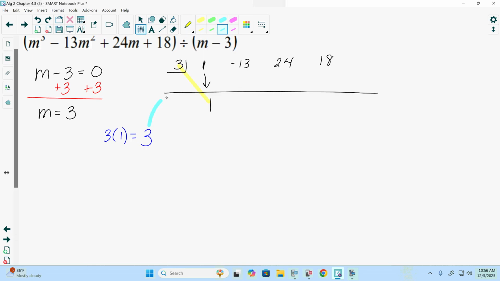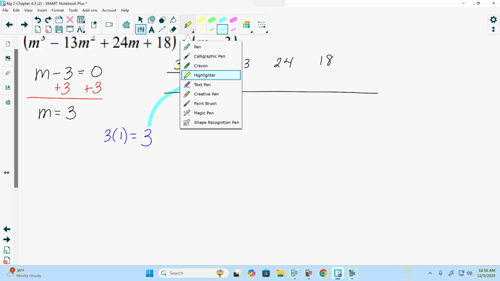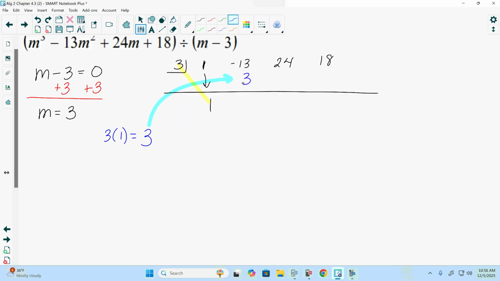And we're going to take that number and put it below the next number above the line. Okay? What do you got to do with this here? Our next step is to add straight down.